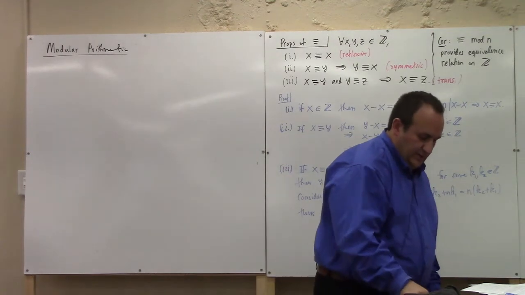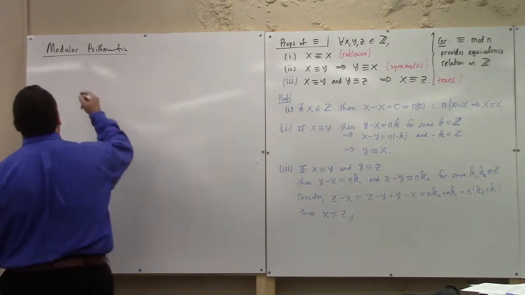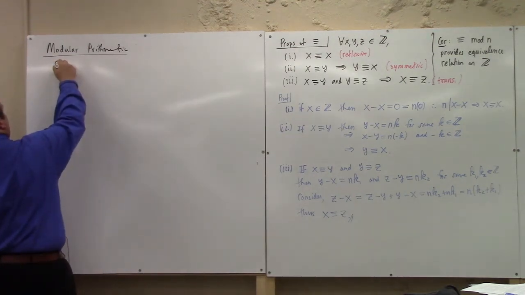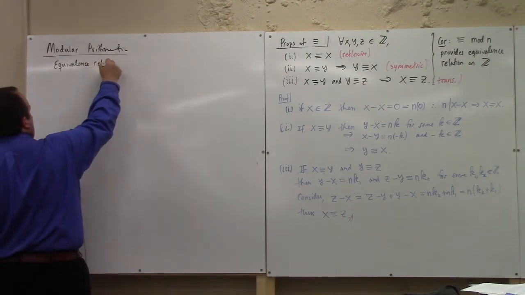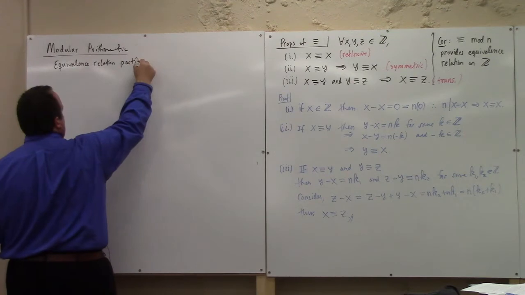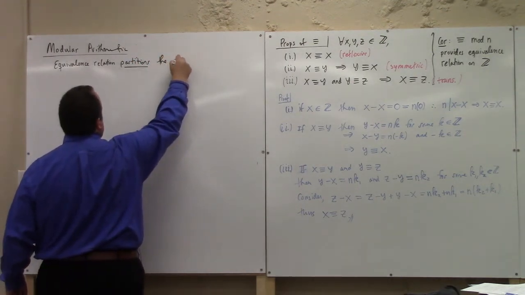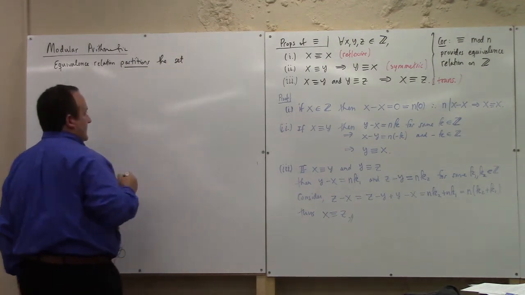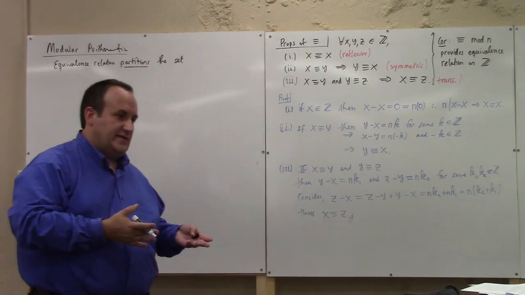Yeah. So equivalence relations partition sets. It partitions the set on which the equivalence is defined. And it partitions the set into disjoint equivalence classes, right?